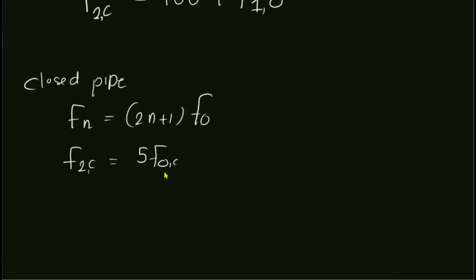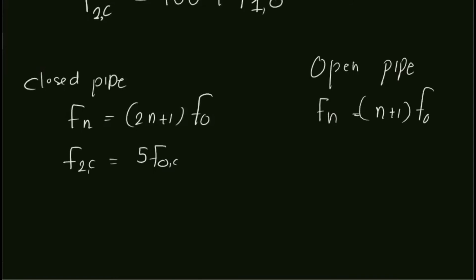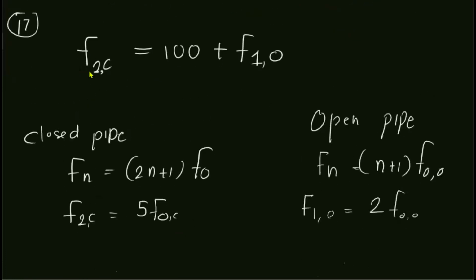So when it comes to an open pipe, the fundamental equation is n plus 1 f naught, right? So we need the first overtone here. So f1, first overtone of the open tube, is 2f naught of the open tube.